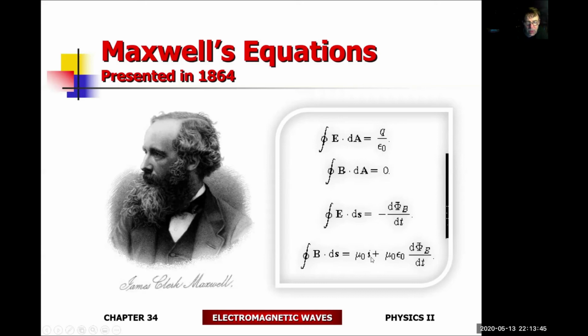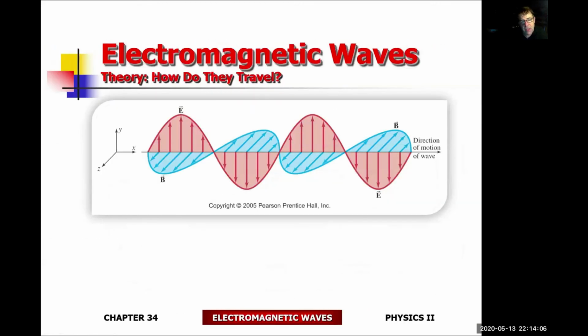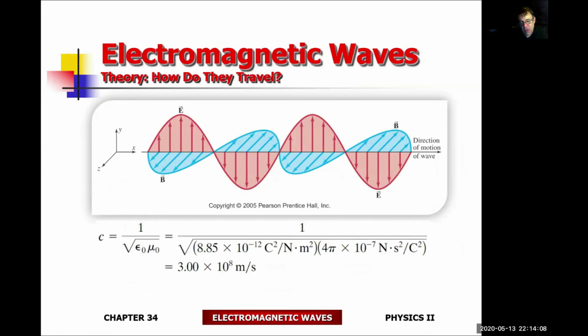The current within the wire, according to this, is going to cause a circulating magnetic field. And then Maxwell also noticed that if you vary the strength of the electric field within that region, it's also going to cause a circulating magnetic field. That's it. So when we solve the equations, we will notice that the electromagnetic fields travel at the light speed.